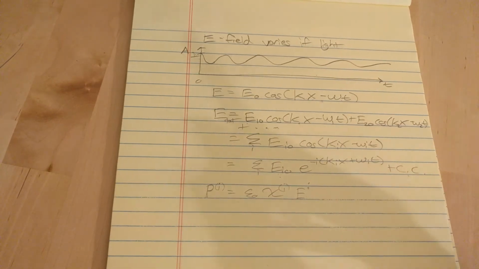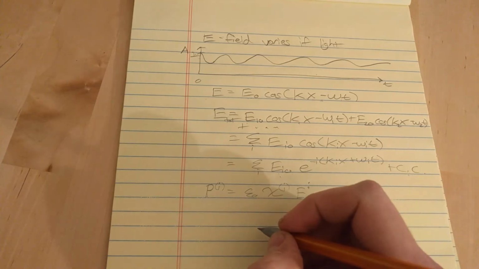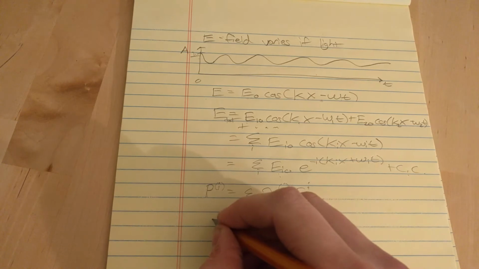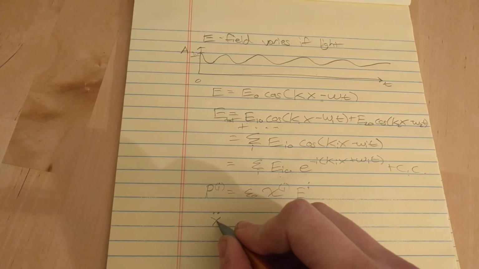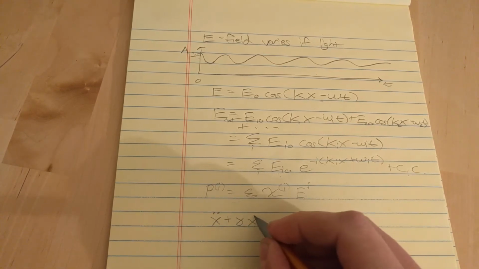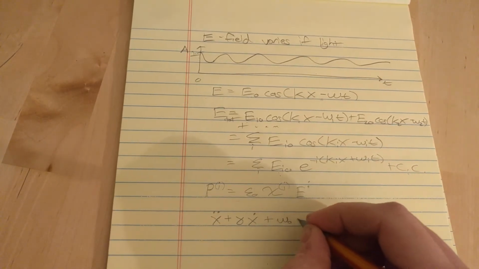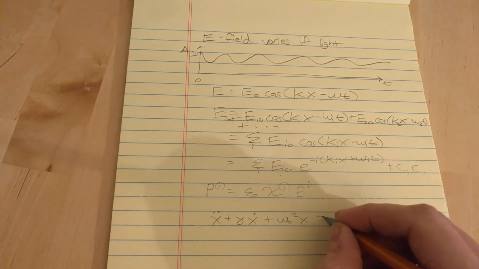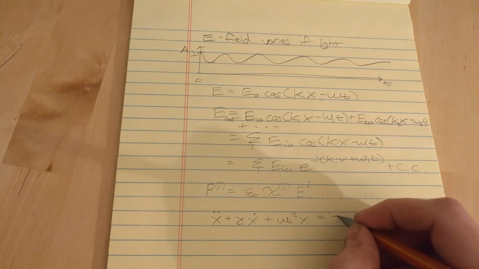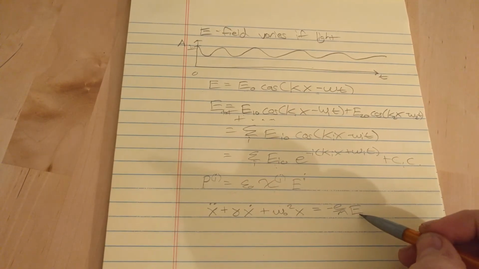The driven, damped harmonic oscillator is described by the equation x double dot, which stands for the acceleration, plus gamma x dot, plus omega squared x, equals a driving term, and here that driving term is E over m times the electric field.